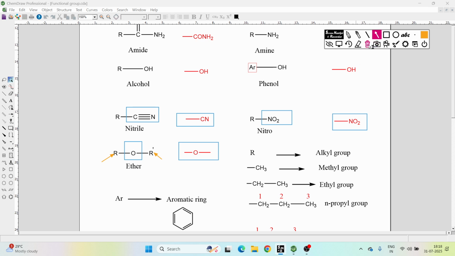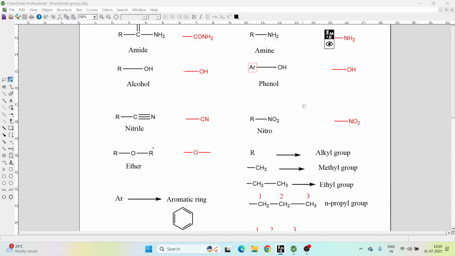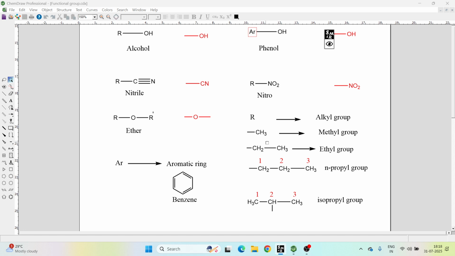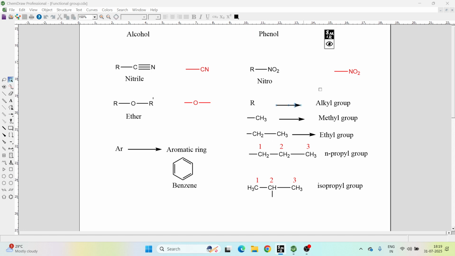Now in this entire session, have you seen that I was repeatedly telling you R, R dash? What are all these? Please understand this and remember this group. R is an alkyl group. Can you see here, this is your alkyl group.